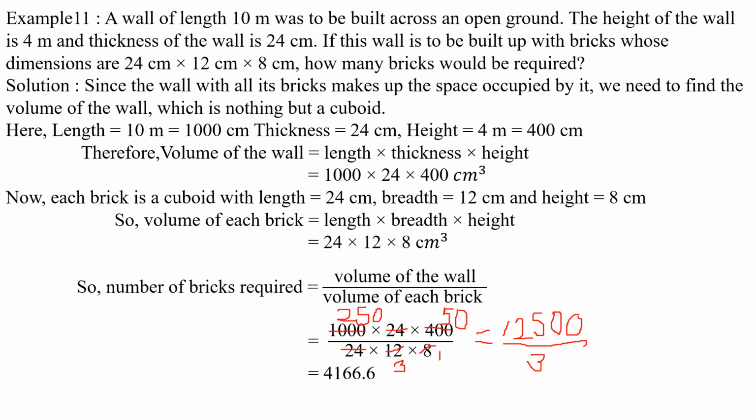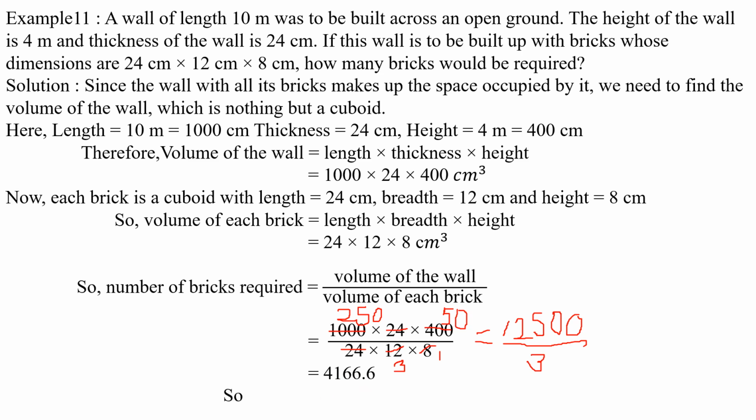Understood this step, my children? By multiplying these two numbers, we get 12,500 in the numerator, divided by, in the denominator, only 3 is there. Now divide this 12,500 by 3. What will you get here? 4,166.6. Understood this number, my children?